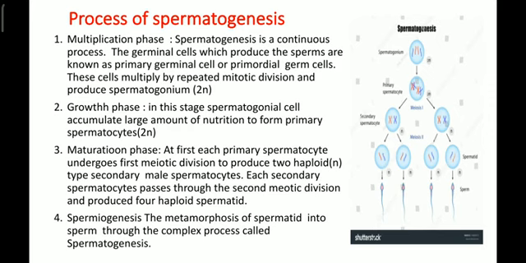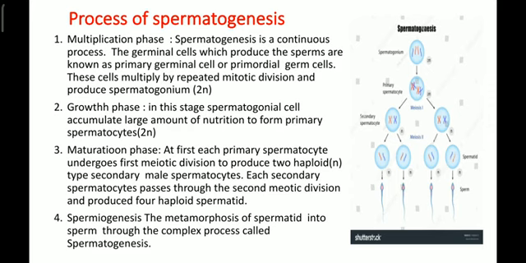The seminiferous tubules are long, coiled tubes lined with a single layer of germinal epithelium. The Leydig cell is responsible for the production of the hormone testosterone. The germinal epithelium consists of two types of cells, Sertoli cells and spermatogenic cells.